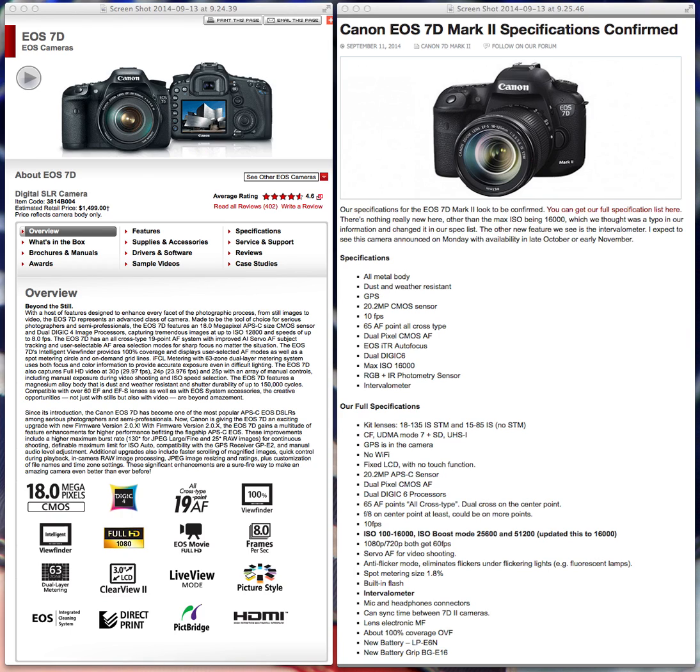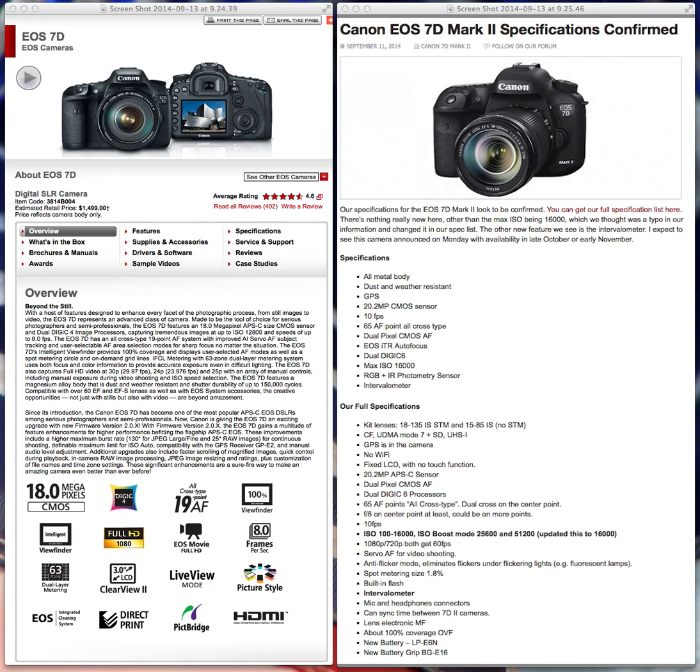The improvements I see: GPS built in, which is nice. You don't have to have any devices on the outside. You go from 18.0 to 20.2 megapixels, full CMOS full frame sensor, 10 frames per second, 65 autofocus points, dual Digic 6 processors, and a built-in flash.